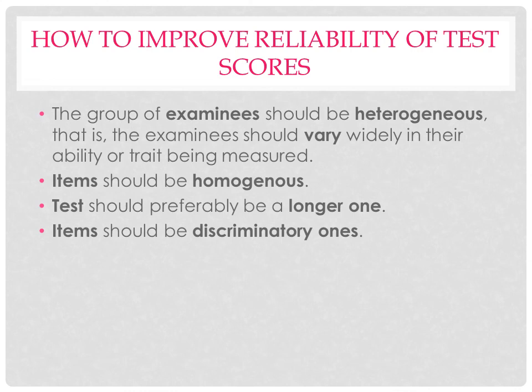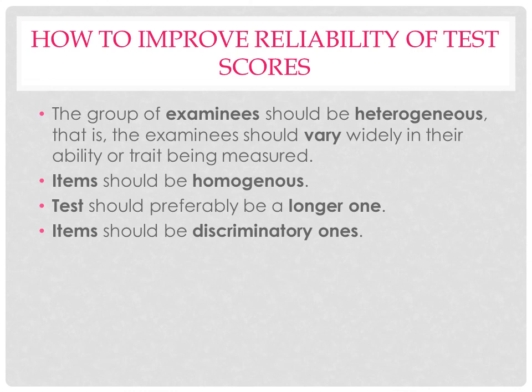Items should be discriminatory ones. Discriminatory ones meaning it can be differentiated and can be easily said that the test item is different from the other test items of the same test. Meaning the test item could be described as easy, difficult, or hard.